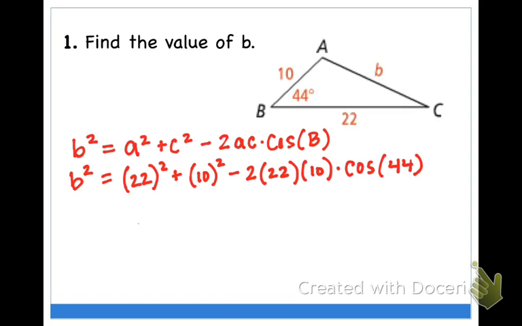And now I am in degrees, so I do want to make sure when we get to the calculator part, my calculator is in degree mode. But figuring out what form you're using and then plugging it in, that's the very first step.